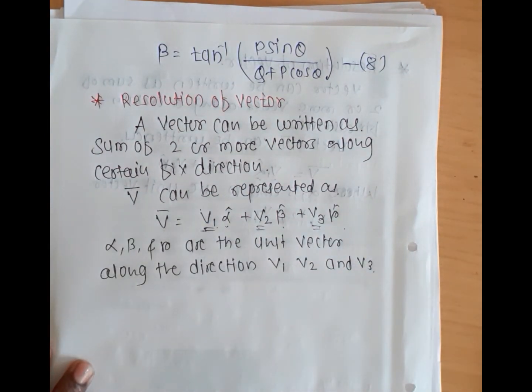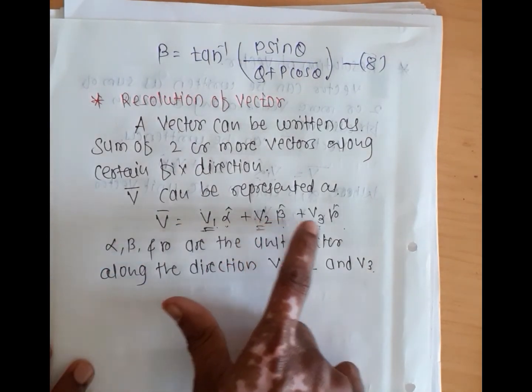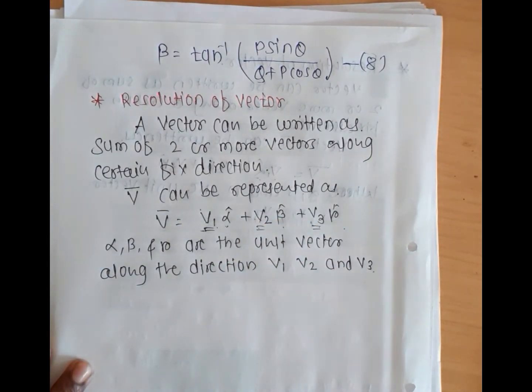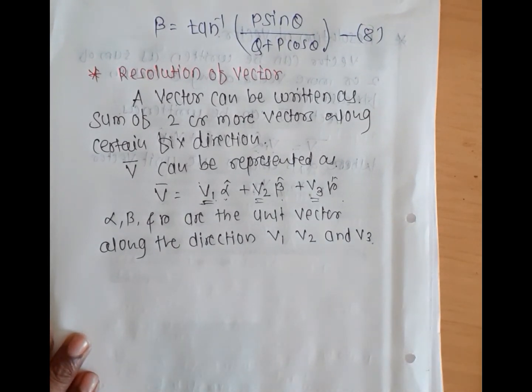Okay, then V is along the three directions, which are alpha, beta and gamma, and the process of splitting a given vector into its components is called resolution of a vector.